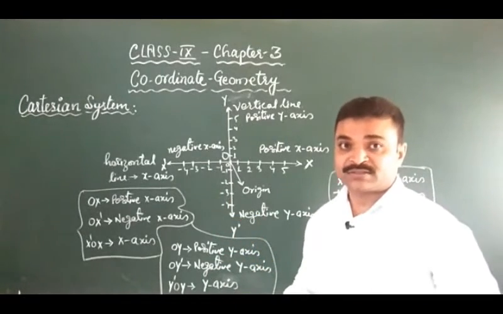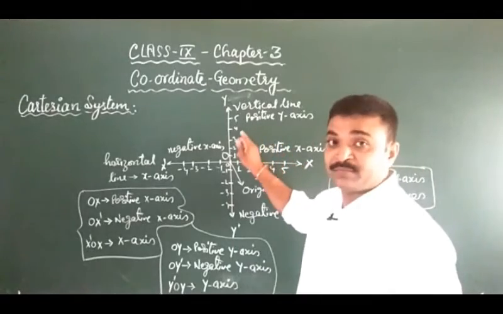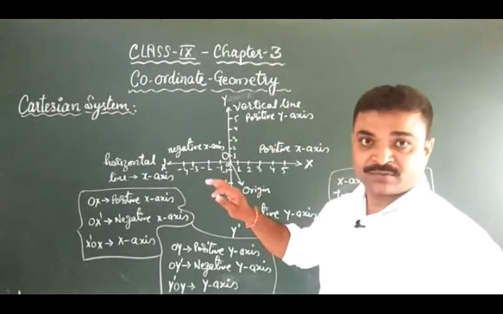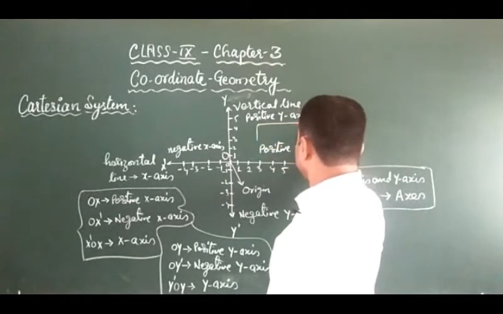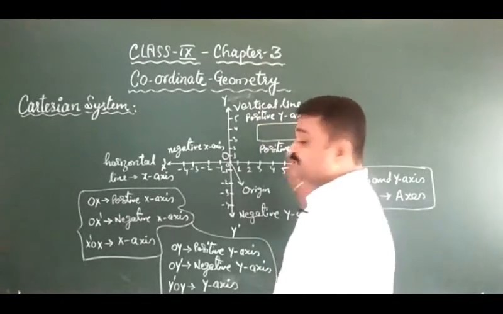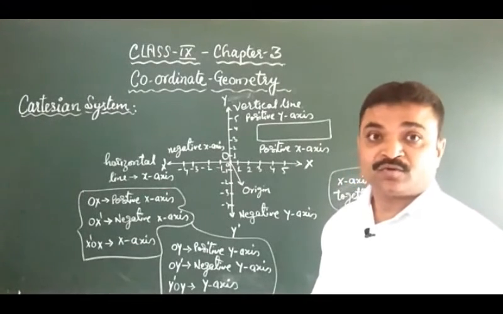Now students, this plane is divided by the two lines, horizontal line and vertical line, into 4 equal parts. So we will give some names to these 4 parts. Clear? Since we have divided it into parts, we denote them by quadrants.